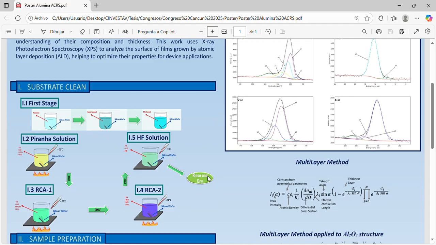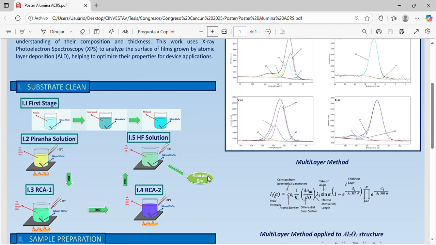Substrate clean. Now I will explain the substrate preparation process. We use the RCA cleaning process to remove any contaminant that could affect the characterization.